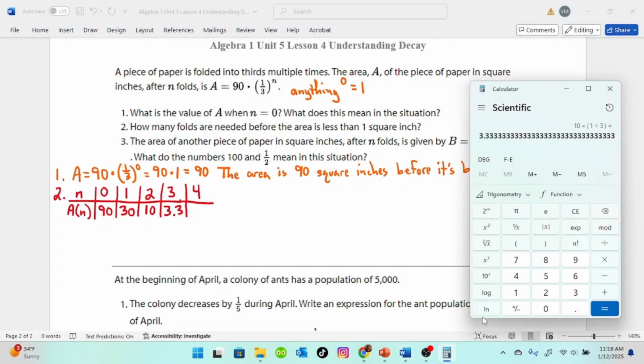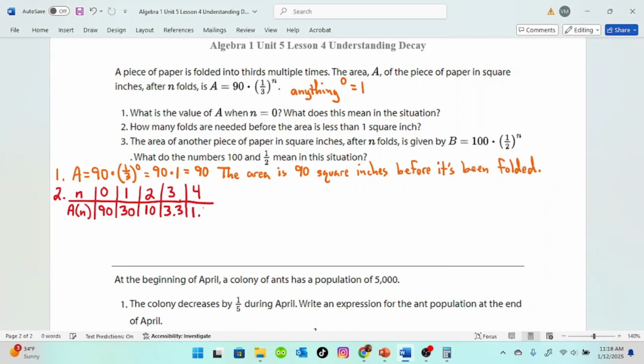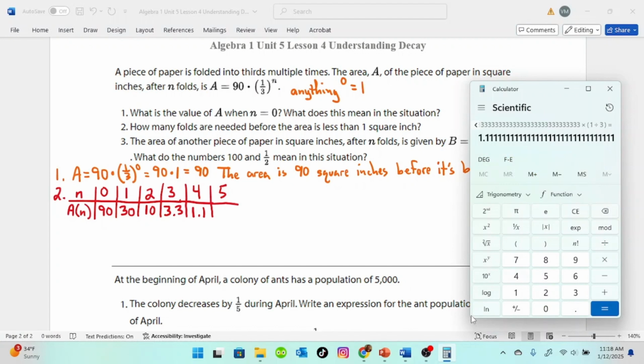Now, if we fold it a fourth time, we take this remaining 3.3 and multiply it by 1/3, and now we have 1.1. So we're almost there, but not quite, because they said they wanted it less than 1 square inch.